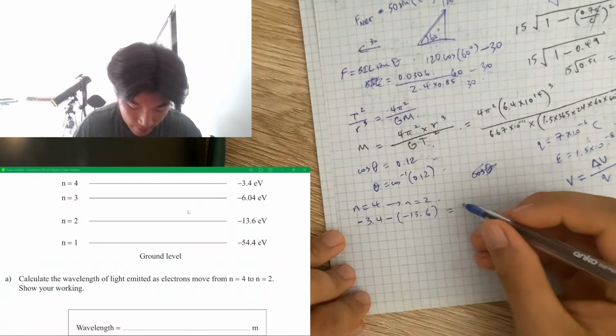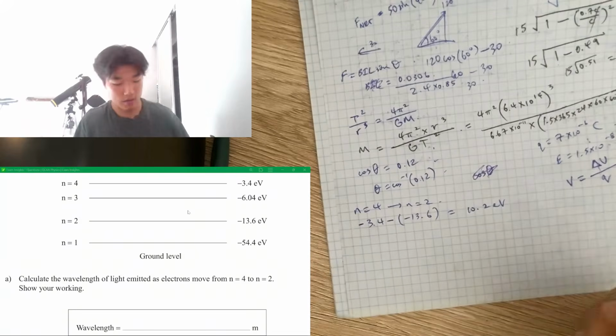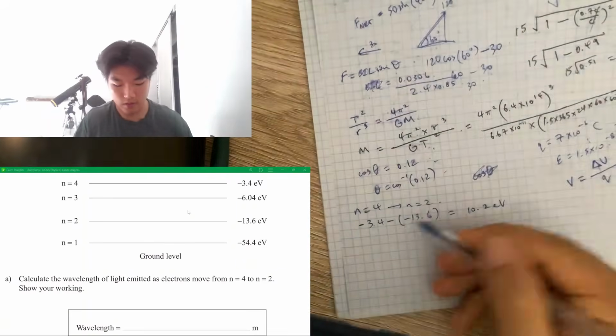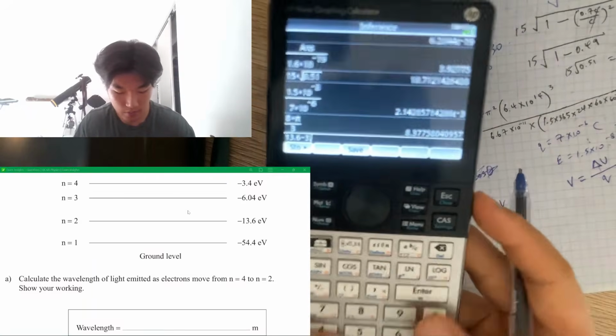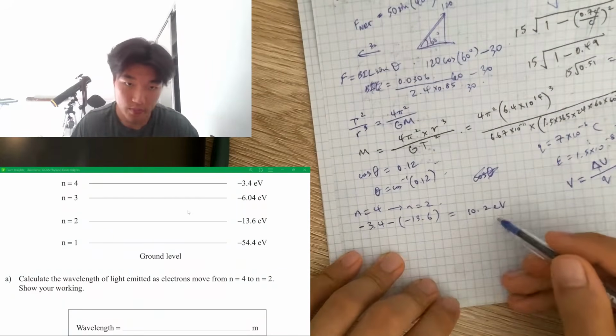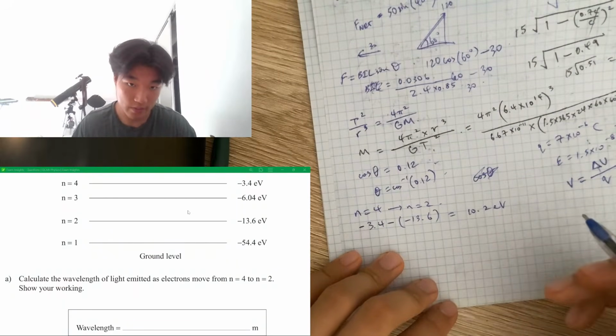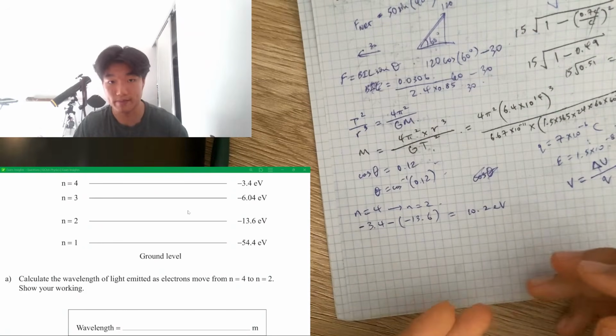So what do we get? We just get 10.2 electron volts, right? And we can double check that: negative, negative makes it positive, and then minus 3.4, 10.2, yeah. Okay, so that's the energy. We're trying to find the wavelength.